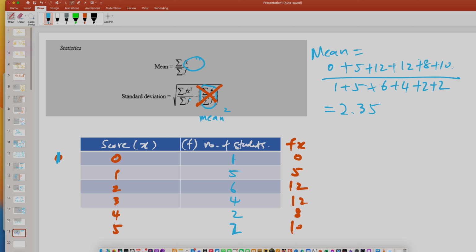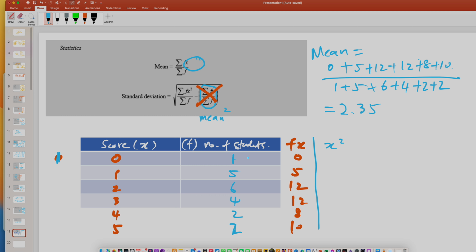The summation of f is just this. So you need to create an x square column here, because you need fx square. But I thought you can just do fx square. Of course you can, but let's do it step by step.